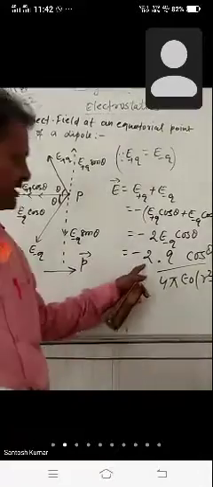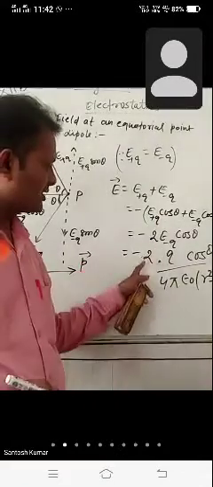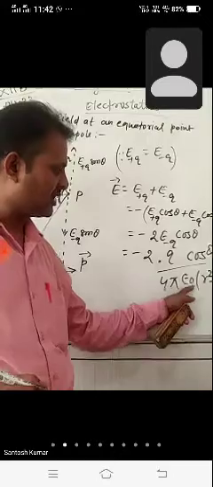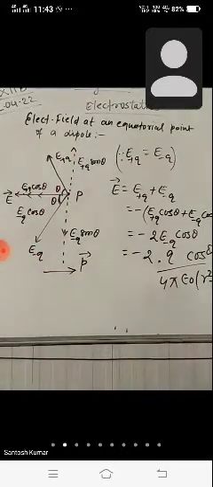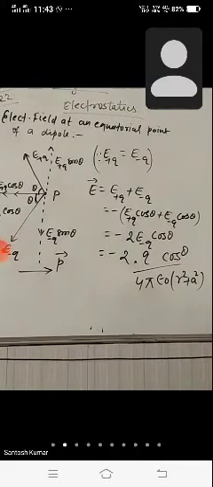See, earlier we had written E plus Q is equal to 2 by 4 pi epsilon naught r square plus a. So we have just simplified the mathematical calculation. Just see.